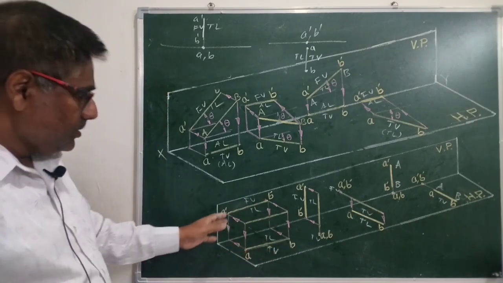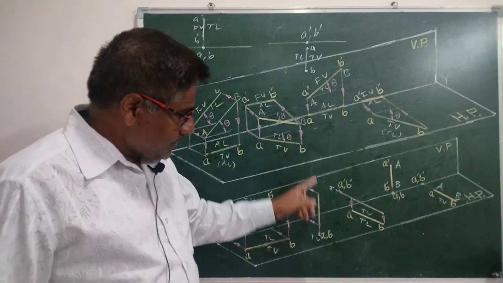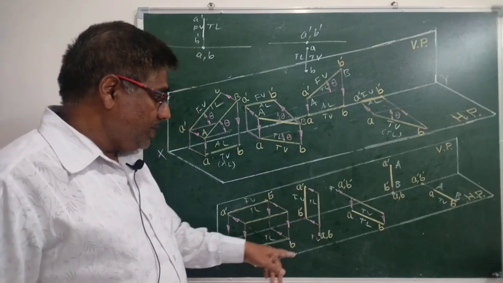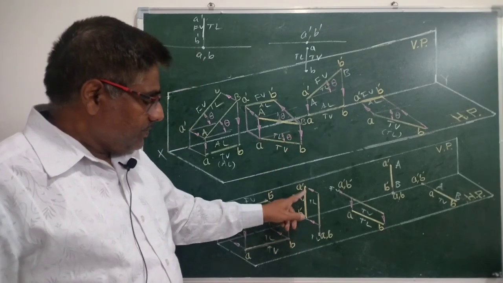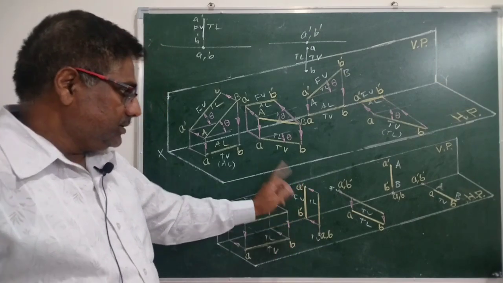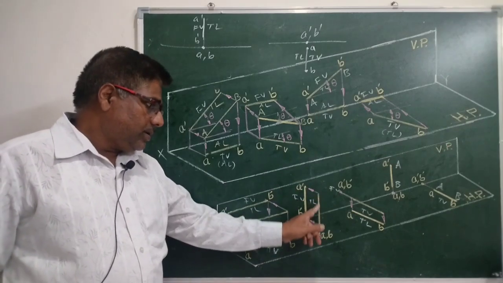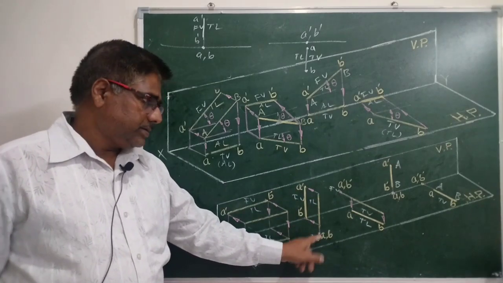Common sense, very simple. And when the line is perpendicular to HP and parallel to VP, then front view will give its true length, and it will be perpendicular to XY. And what about top view? Top view will be just a point.